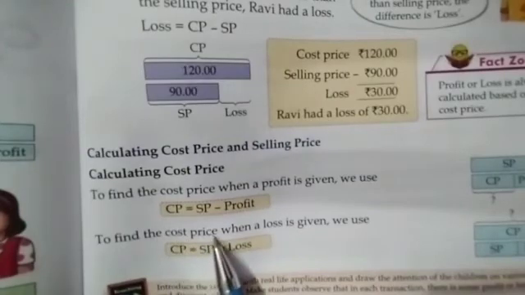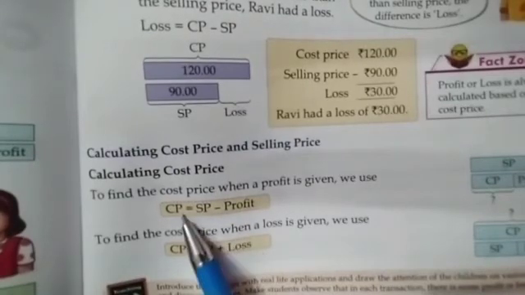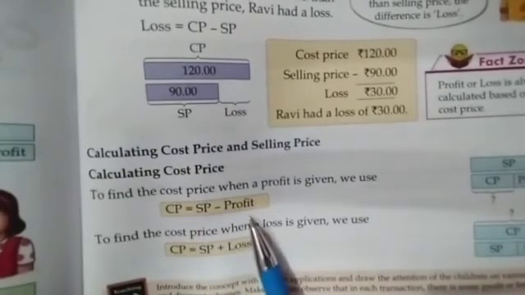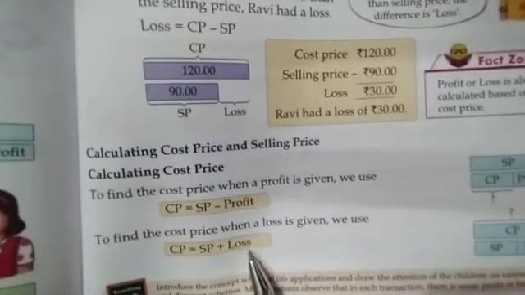Then to find the CP when loss is given, CP equals SP plus loss. CP equals SP minus profit, CP equals SP plus loss.